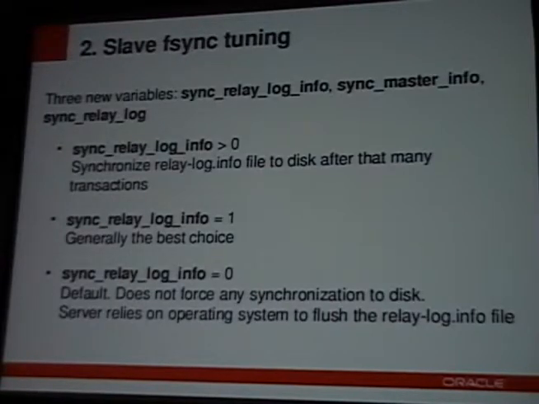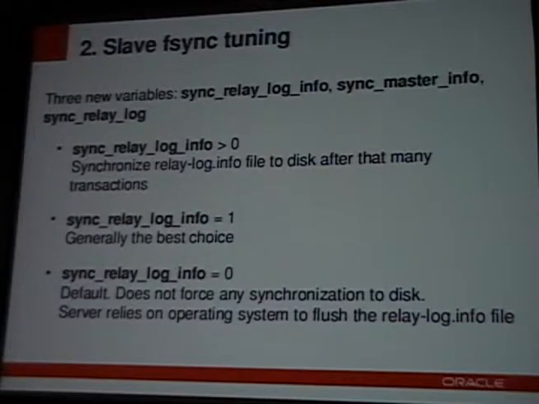Let me move on a little bit. Slave fsync tuning. There are 3 new variables. The first one is that if you set it to some value higher than 0, you would synchronize the relay log info after that many transactions.